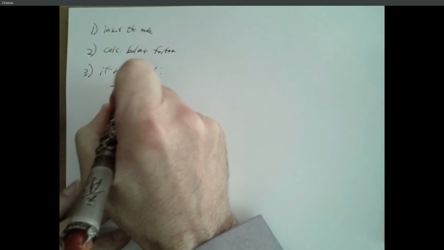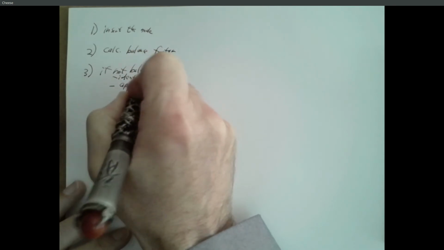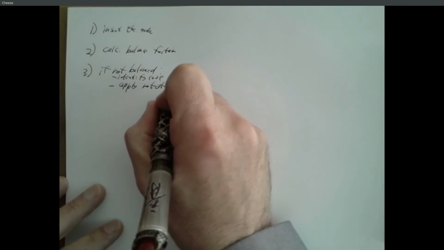If it's not balanced, then I want you to apply a rotation. Identify what case you're in. You're going to be in either left-left, right-right, left-right, or right-left, based on your balance factors. Apply the rotation and redraw the tree.